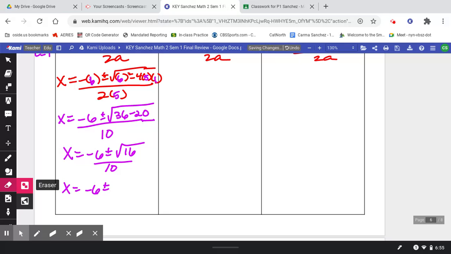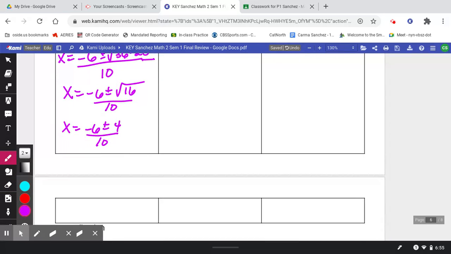The square root of 16 is just 4. So I'm going to keep going on these two solutions. My first solution is negative 6 plus 4 over 10, or negative 2/10, or negative 1/5. There's my first one. And then the second one is negative 6 minus 4, or negative 10/10, or negative 1.